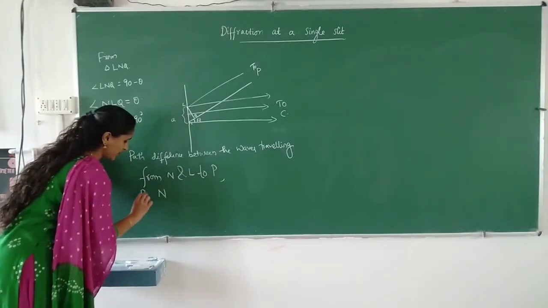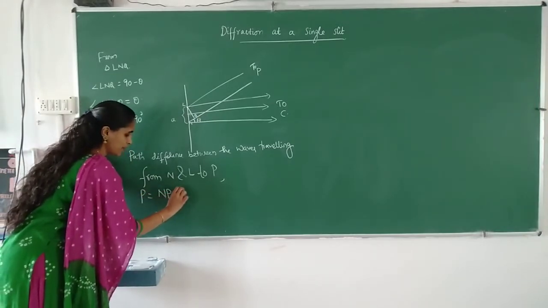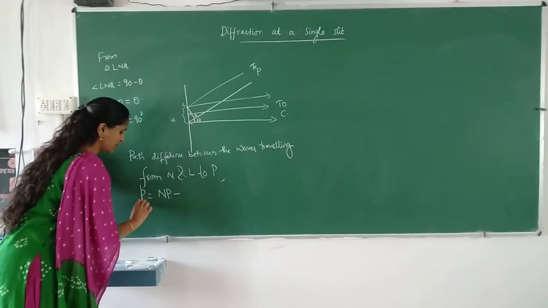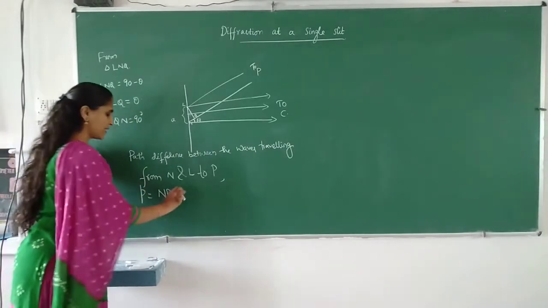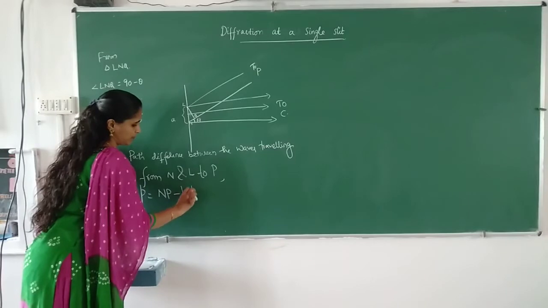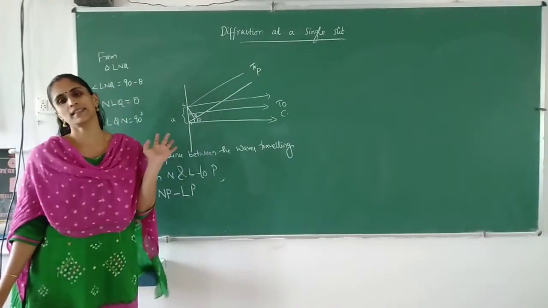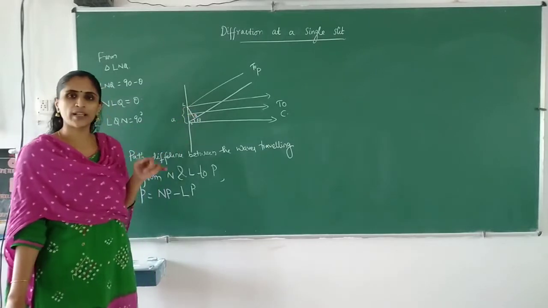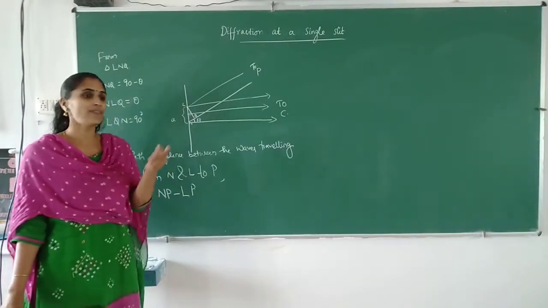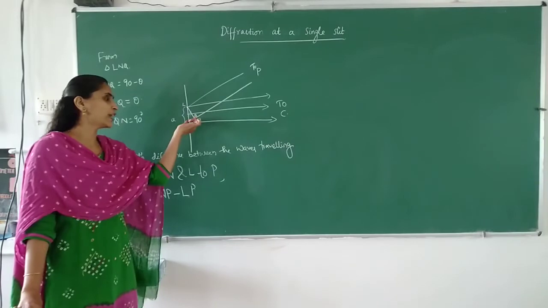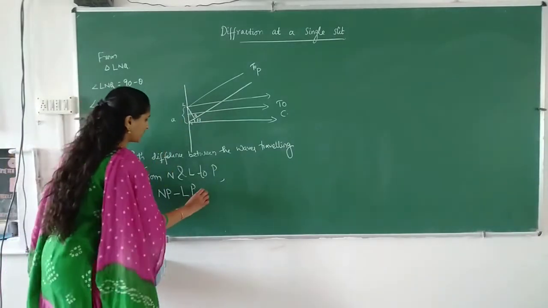Path difference, with small letter p, is NP minus LP. QP and LP are the same distance because we have drawn the perpendicular. So the extra distance traveled by the wave from N is NQ.